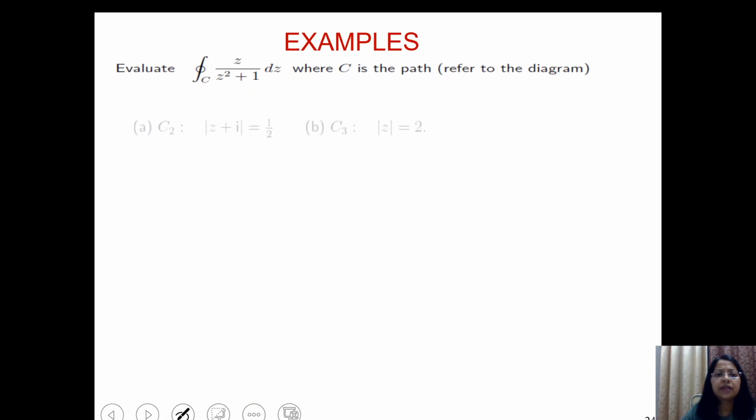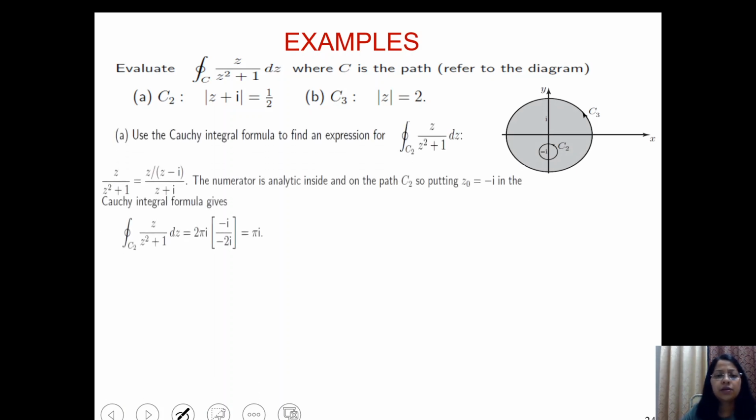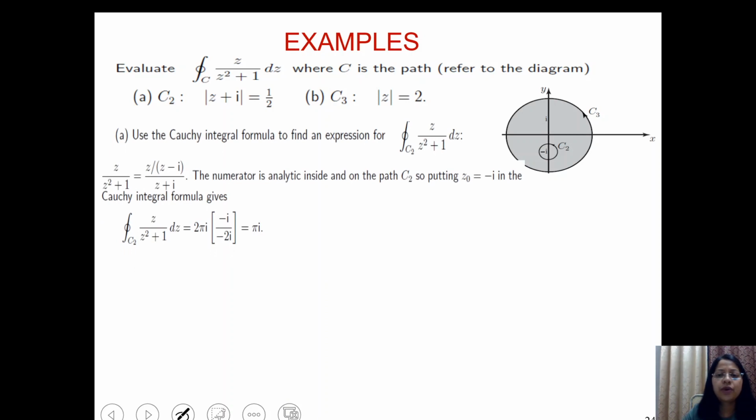Alright, moving ahead, next example, we have this integral z over z square plus 1 and two circles, two paths are given. So for the first part, C2, z plus iota means the center is minus iota, and we'll check which point is inside and which one is outside. So z naught is equal to minus iota.